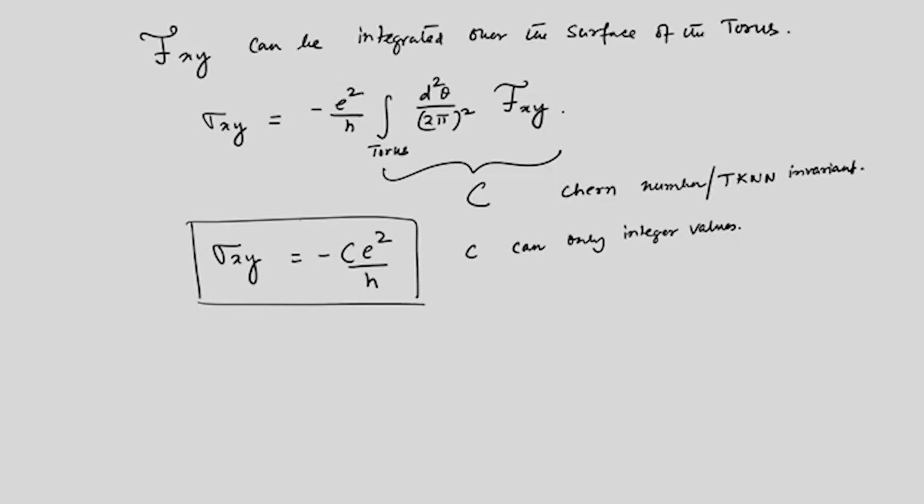We have just taken a sample, introduced periodic boundary conditions, threaded two fluxes, and wrote down a simple perturbation theory in the J dot A term, and then we cast it in the form of the Kubo formula, which gives you the Hall conductivity, some C times e squared over h, maybe minus C times e squared over h, where C remains an integer. Because C is an integer, we are going to see plateaus in the Hall conductivity. Necessarily the plateaus would survive under this condition.